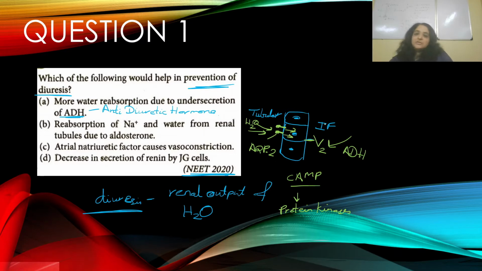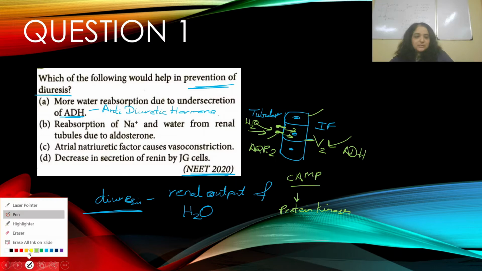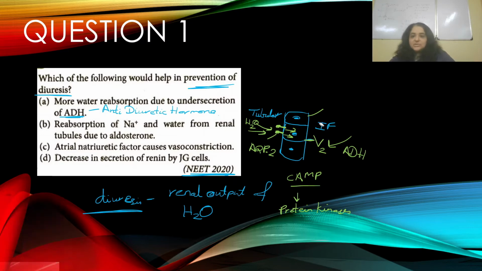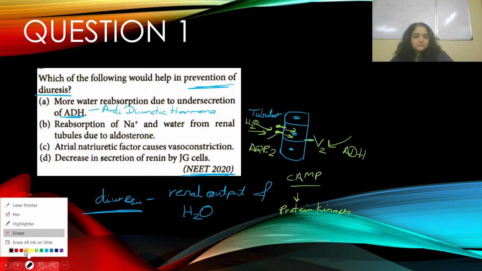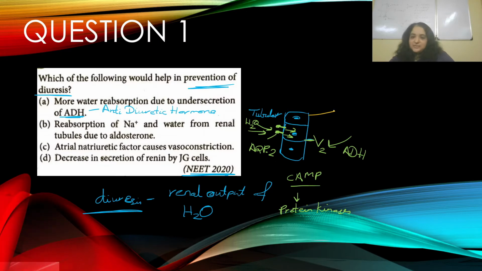On the other side, the basolateral side, there are other channels, AQP3 and AQP4 water channels, which allow the exit of the water molecules into the interstitial fluid.